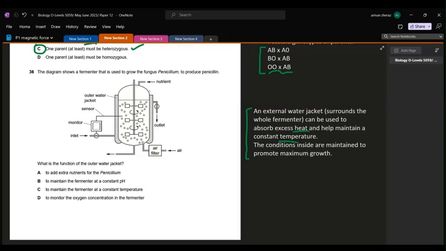Because there are so many microorganisms here, fungus is used, they respire and everything. So all that heat energy is being released. To maintain a constant temperature and absorb excess heat, an outer water jacket is used. These promote maximum growth. So you see, option C says at a constant temperature.